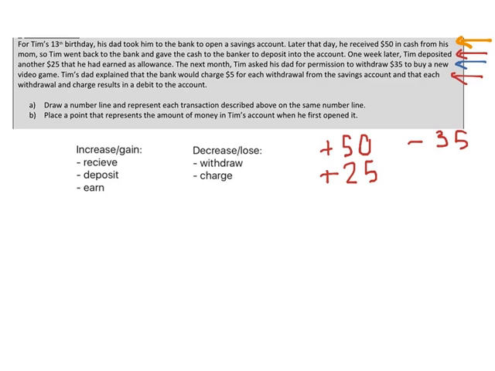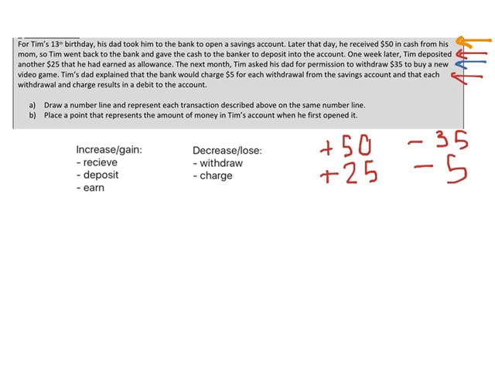Hopefully you notice that we have a new word that we haven't seen yet in our passage, charge, and that's in the decrease list. So that means that we're taking another $5 away from his account, and we need to plot negative 5 on our number line. So let's write that down in our list.